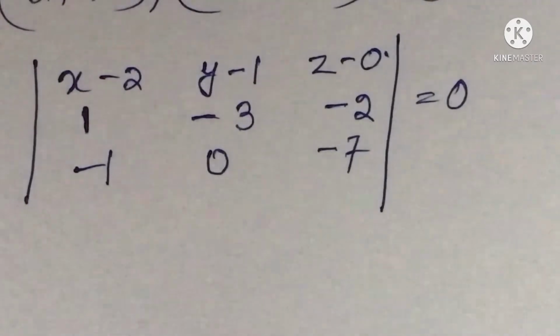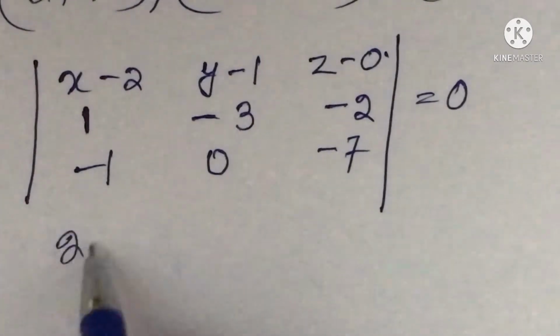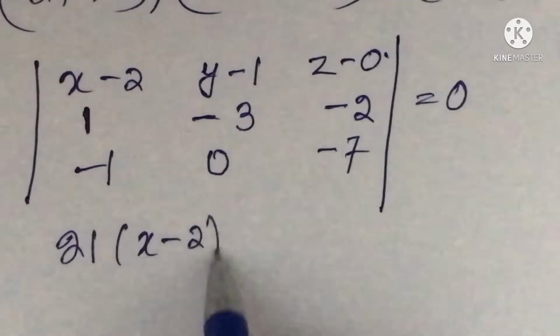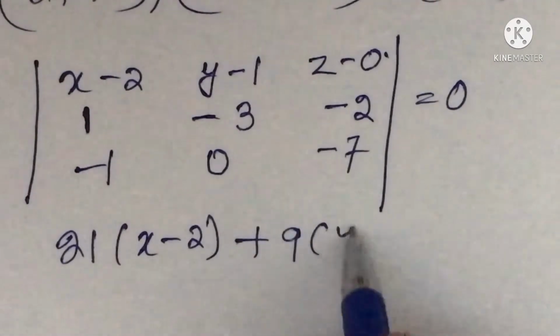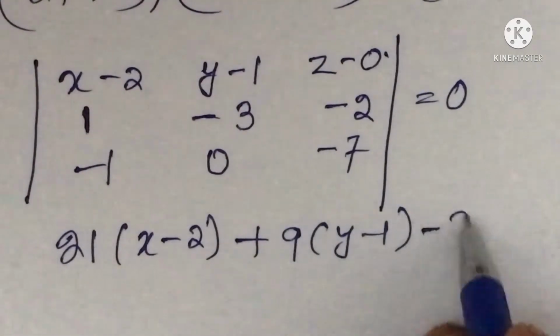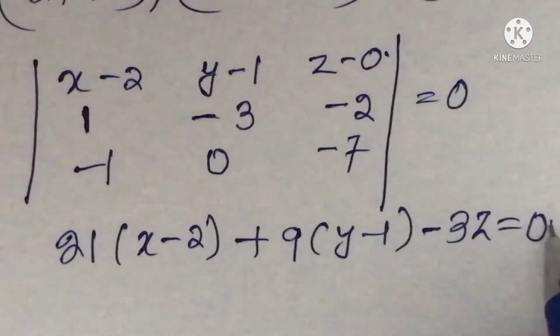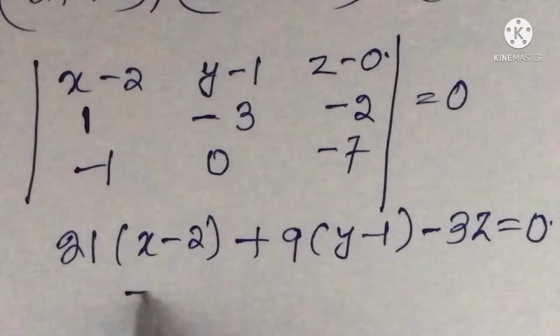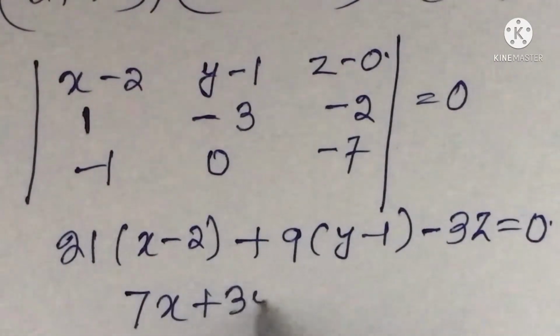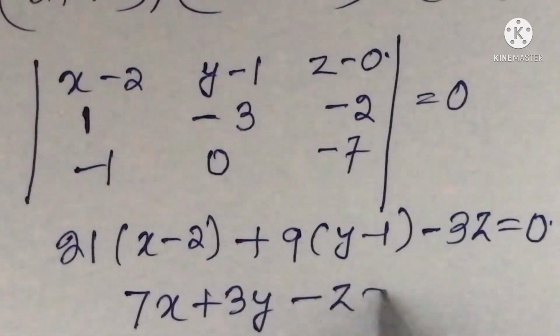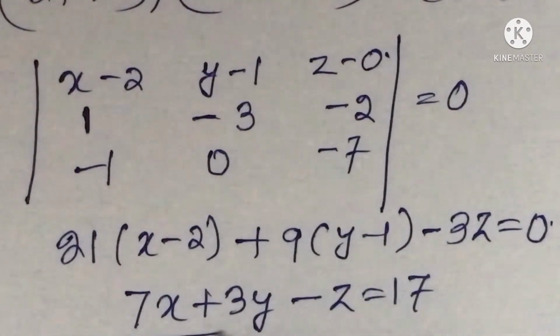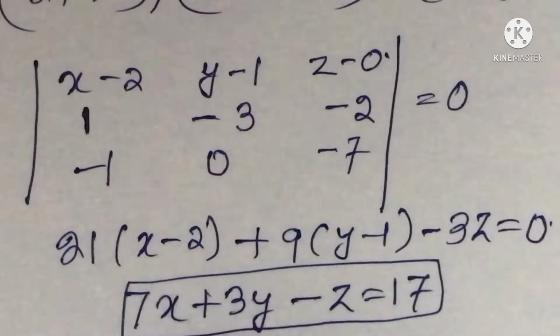On evaluating the determinant, we get 21 into x minus 2 plus 9 into y minus 1 minus 3z is equal to 0. On simplifying, we get 7x plus 3y minus z is equal to 7, which is the required equation of plane.